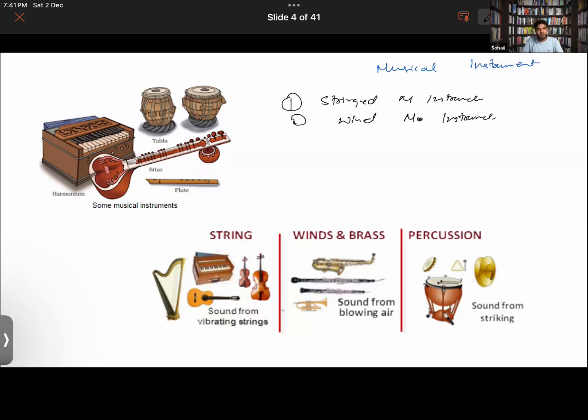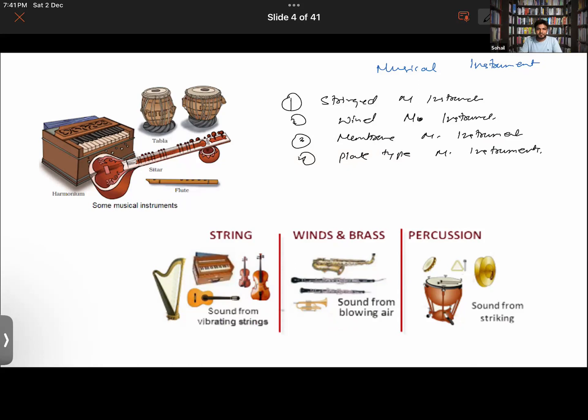Third, you have membrane musical instruments. And the fourth one, you have the plate type musical instruments. If you haven't noted these things down earlier, do make sure you either take a screenshot or note them down.